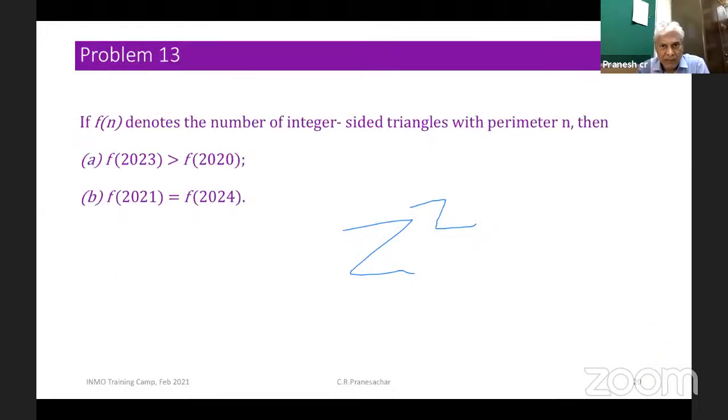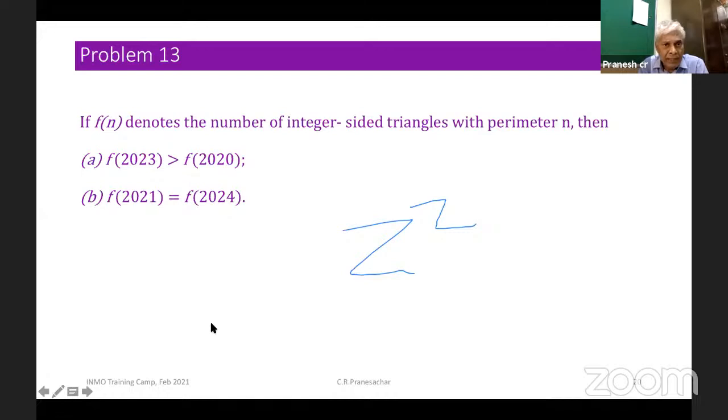This is just a variation of one of the previous INMO problems. If Fn denotes the number of integer-sided triangles with perimeter n, then prove that F2023 is greater than F2020 and F2021 equals F2024. What does it mean?